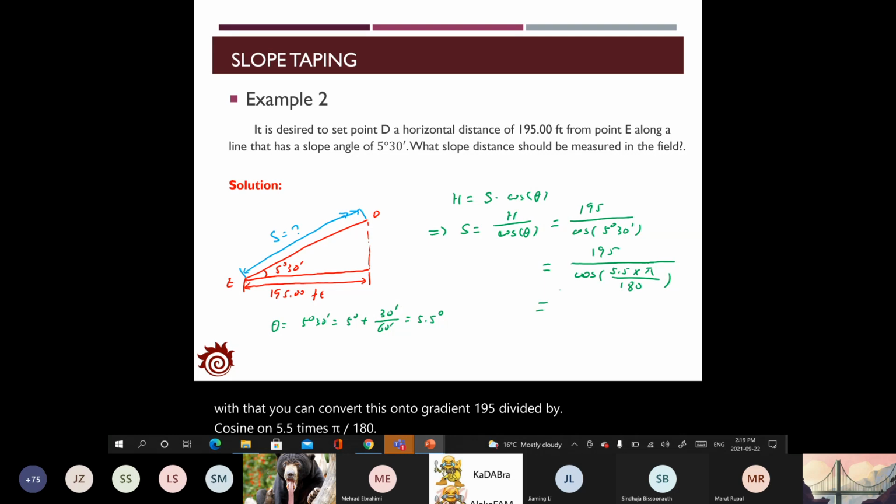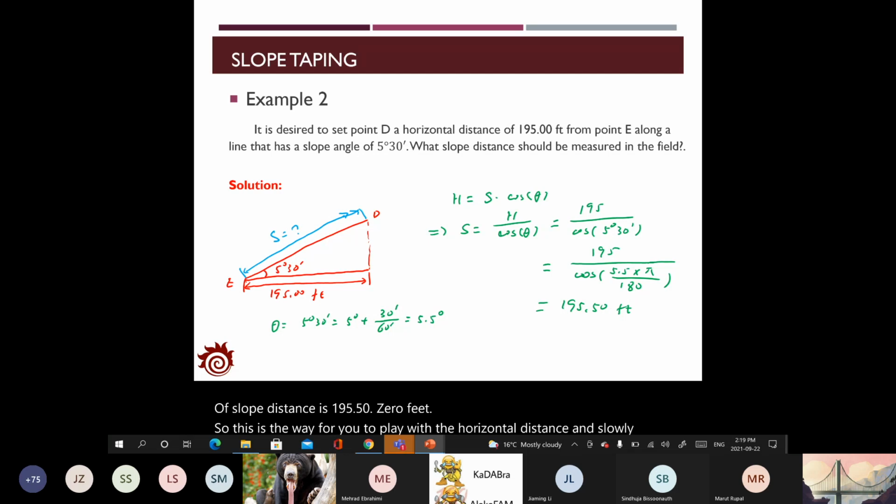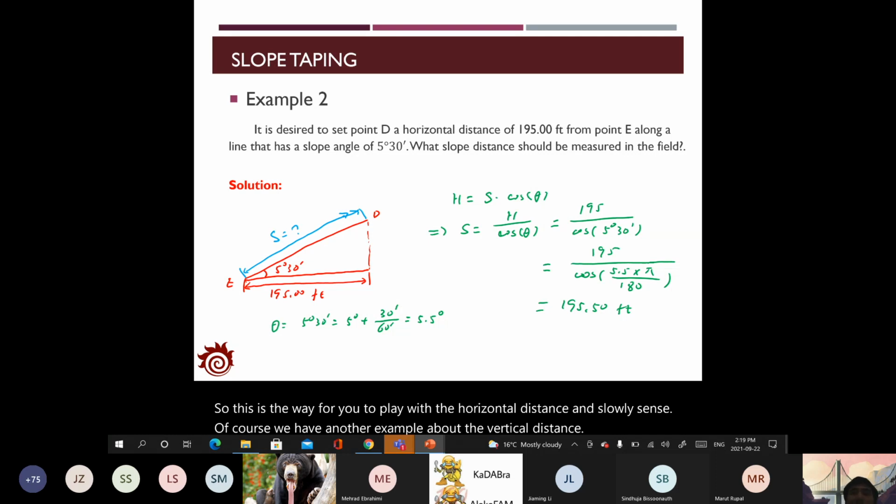So with that, the slope distance is 195.50 feet. This is the way for you to play with the horizontal distance and the slope distance. Of course, we have another example about the vertical distance. I will give you the introduction in the next lecture.